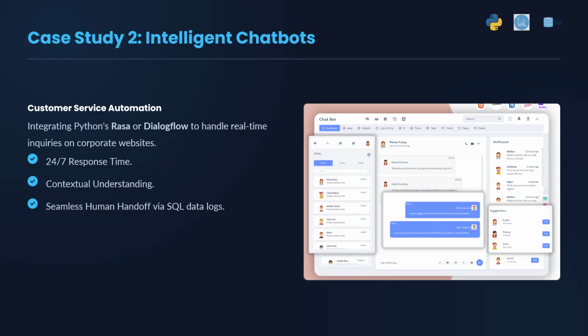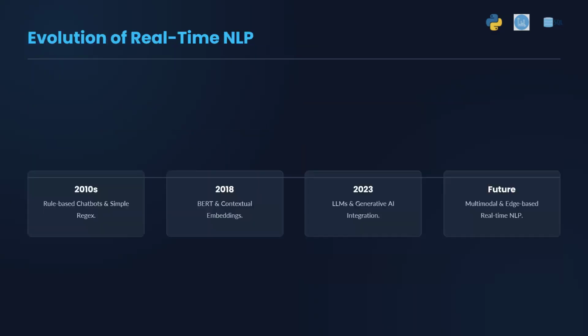So these chatbots are giving most of the solution 24/7 without depending on the human. And coming to the NLP, whatever we discussed, we have real-time NLP also. When real-time NLP started in 2010, the basic use cases were rule-based chatbots only.